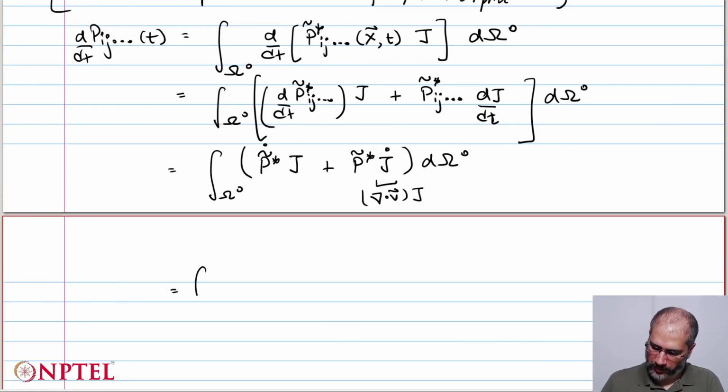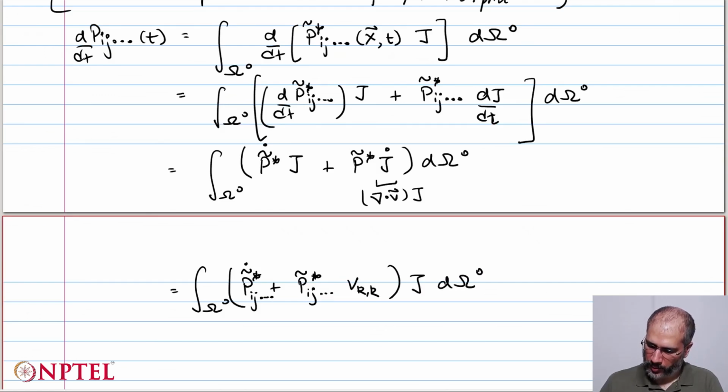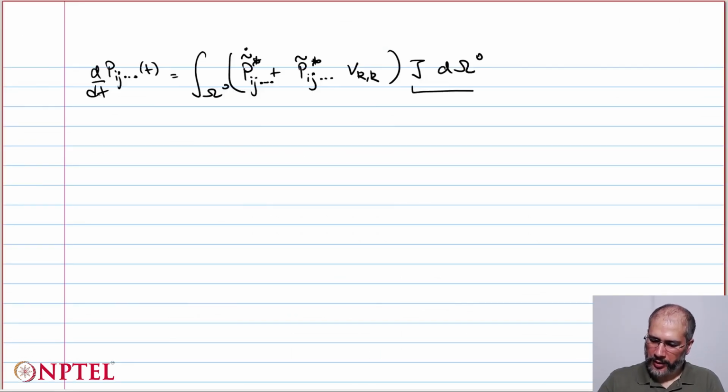So this simplifies further to P tilde dot plus P tilde times the divergence of velocity, which in the initial notation we can write as v k comma k. This whole is multiplied by J times d omega naught. And again, this J times d omega naught is d omega.